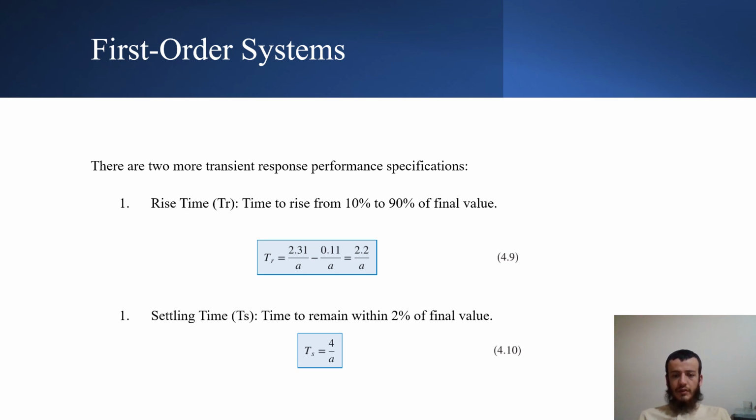If we take c(t), it is between c(t) equal to 0.1 and c(t) equal to 0.9.